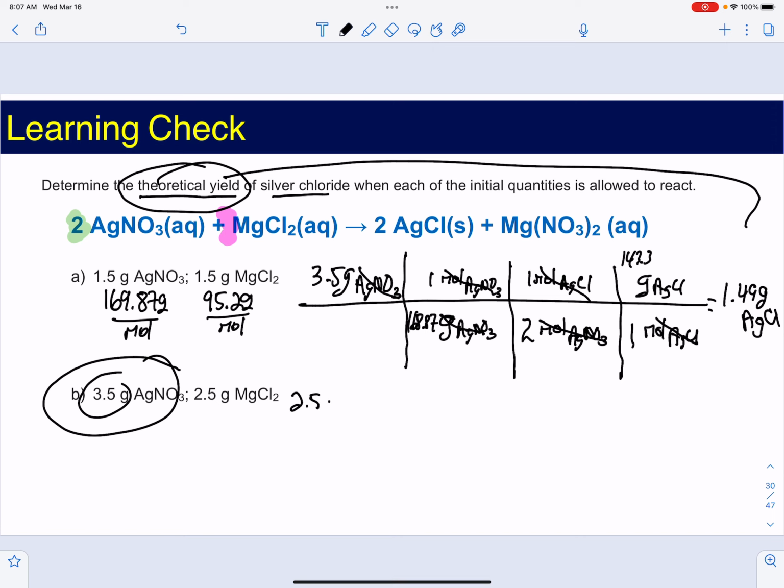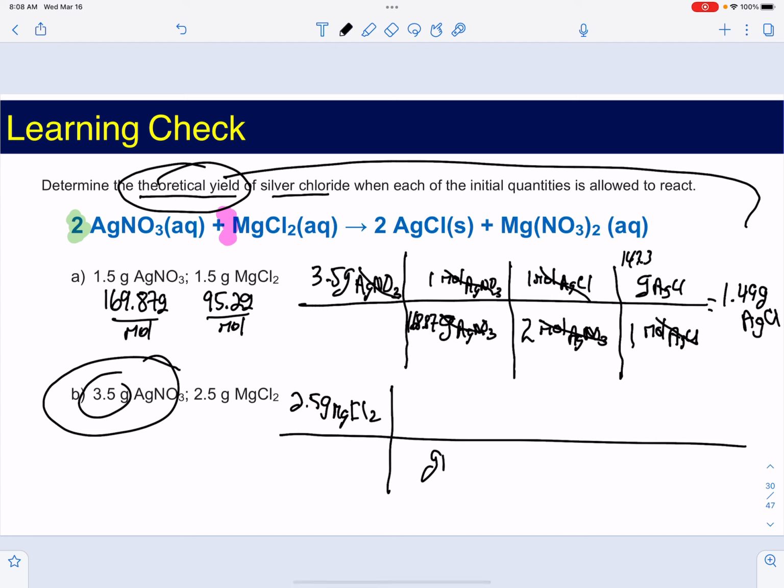2.5 grams of silver chloride. We don't want the grams of magnesium chloride, sorry, because we want the moles, and that's going to be 95.2 grams.